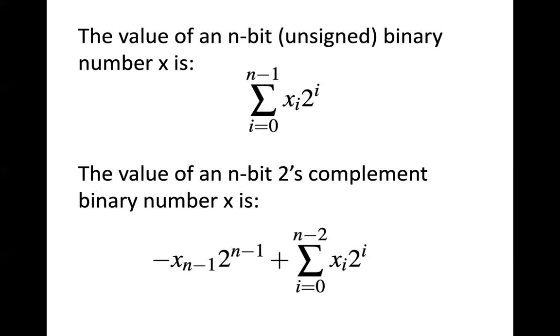So all this is saying is the interpretation of the value stored in a fixed width binary number is almost the same whether it's a regular binary number or a 2's complement binary number. The only real difference is the contribution of the most significant bit, which is either a large positive value or a large negative value if we're doing 2's complement.